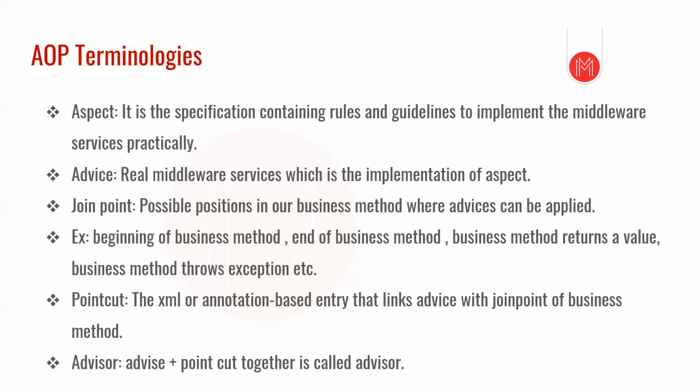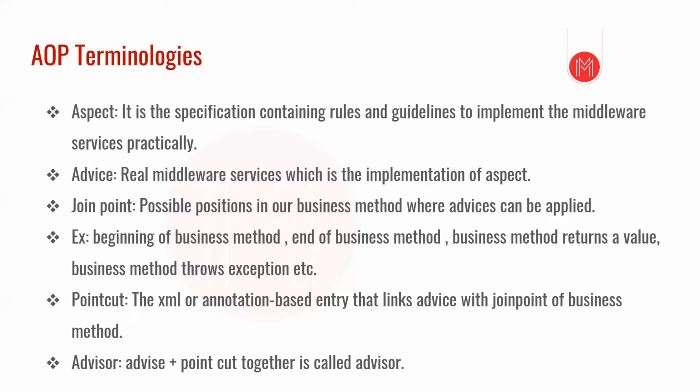A join point connects the selected business logic methods with the required advices. For example, the different possible positions are either the beginning of the business method, or the end of the business method, or when the business method returns a value, or when it throws some exception, etc.